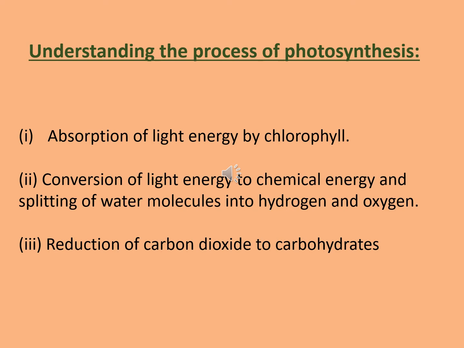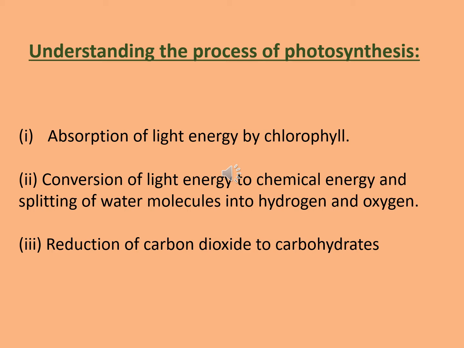The light dependent part is called the light reaction part, and the light independent part is called the dark reaction part. The light reaction is taking place in the lamellar system, that is the grana or thylakoidal system of the chloroplast, while the dark reaction, that is the light independent part, which is also called the Calvin-Benson cycle, is taking place in the stroma.